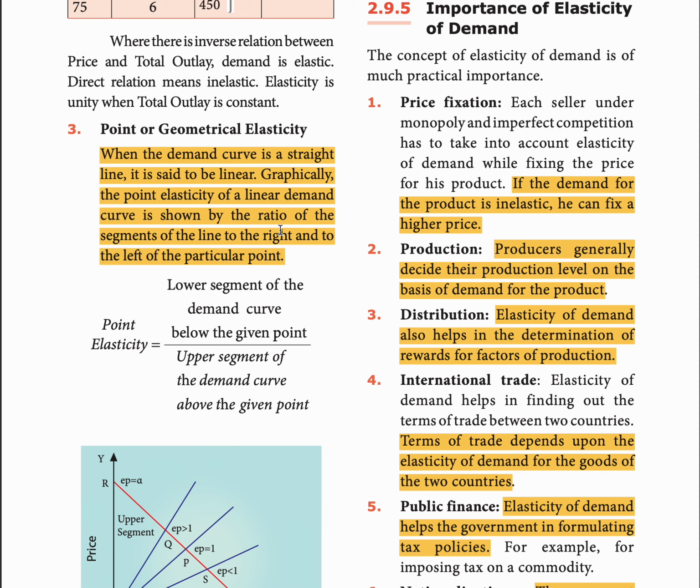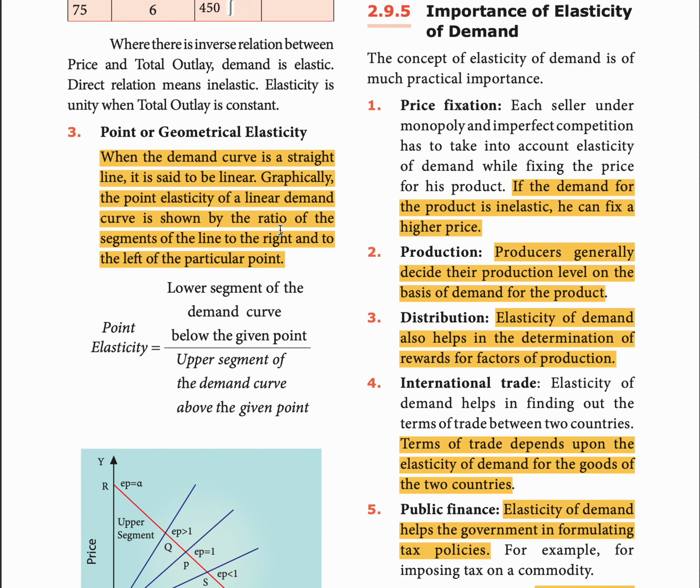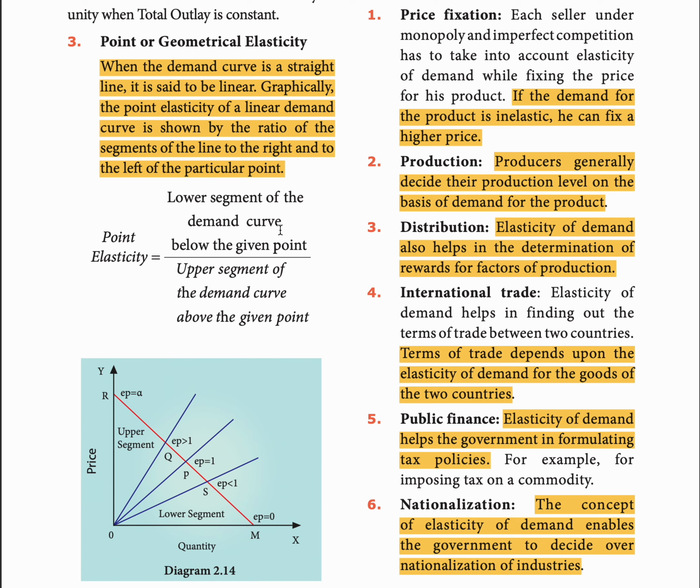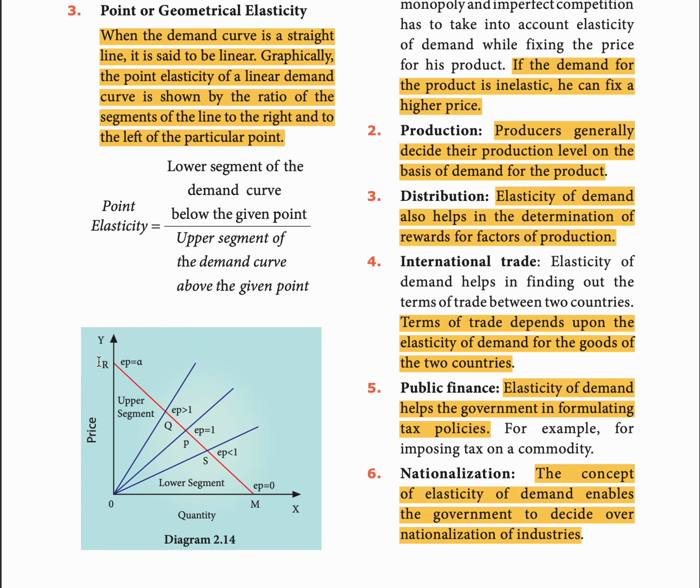Now, point or geometric elasticity. When the demand curve is a straight line, it is said to be linear. Graphically, the point elasticity of a linear demand curve is shown by the ratio of the segment of the line to the right and to the left of that particular point. We can see this is a demand curve, and it is linear.